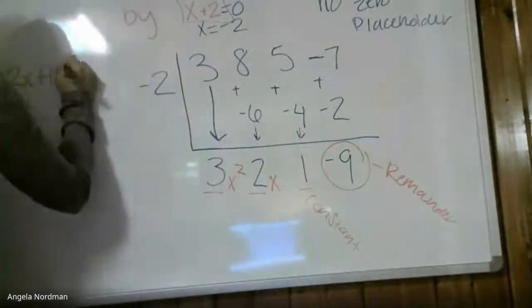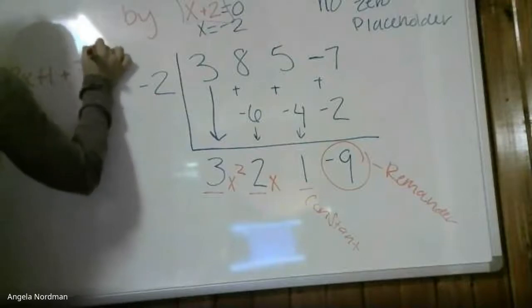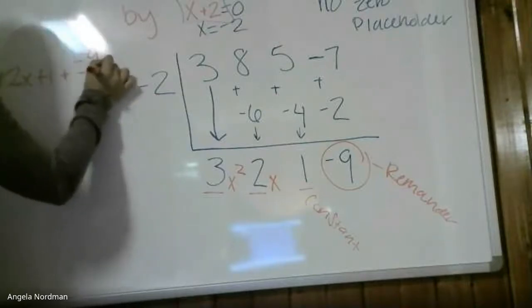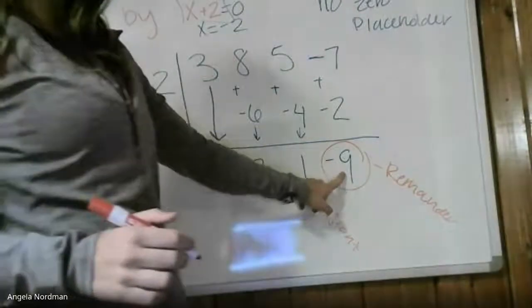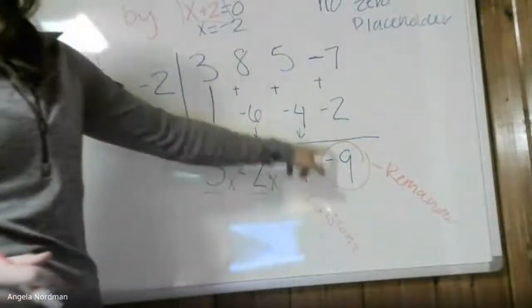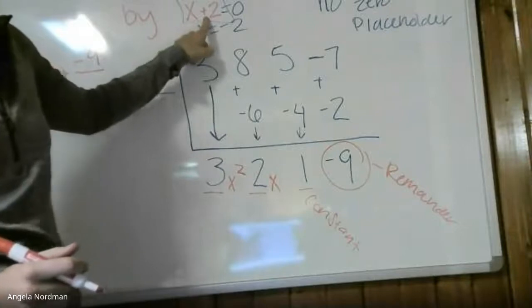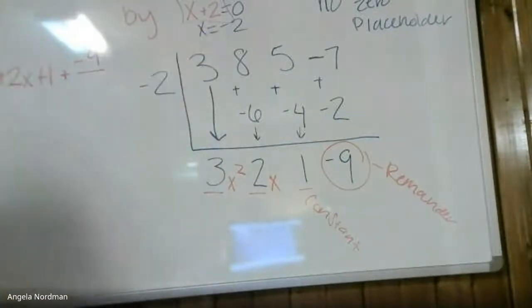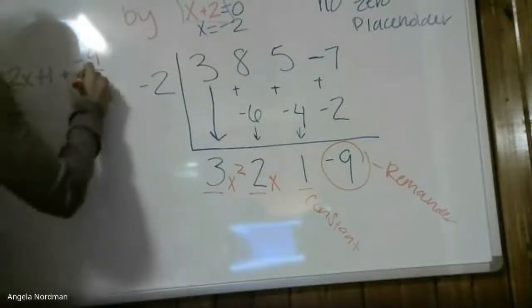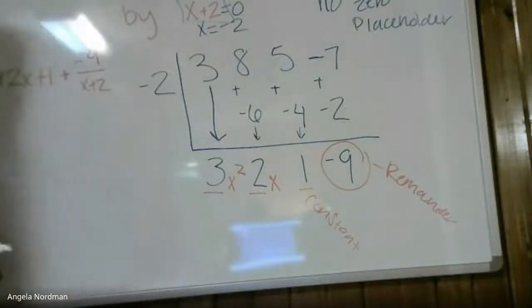We're actually going to call it a plus a -9 over, since my remainder was -9, we take our remainder over what we divided by, which was x plus 2. So we go ahead and we write that up there. And that's what that entire division process gave me.